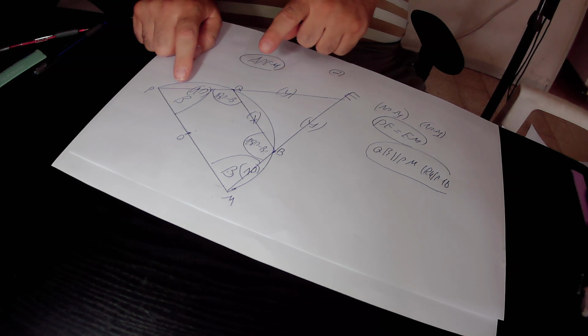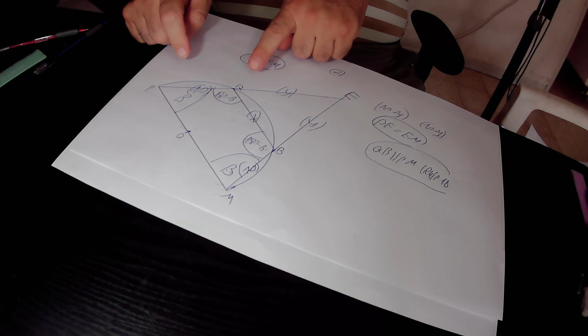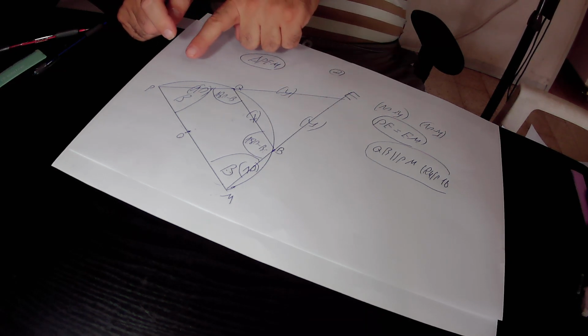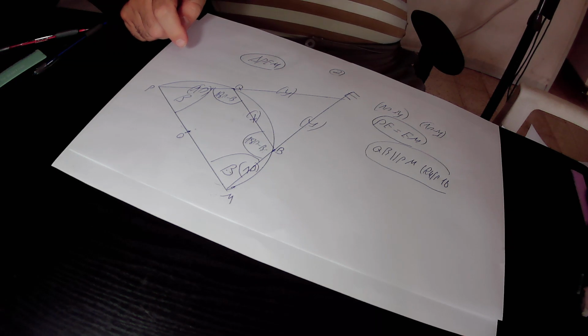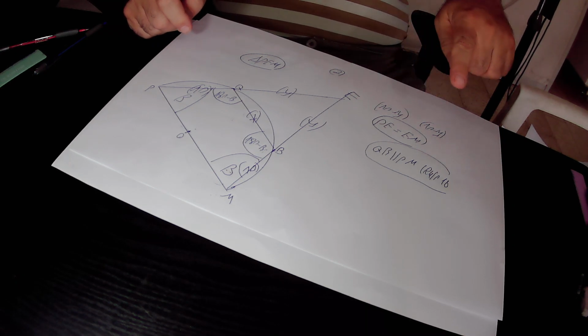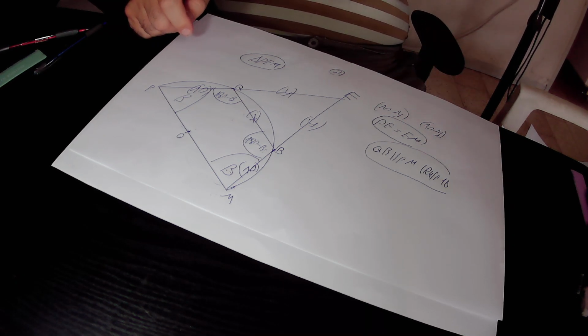That is to say, according to rule 18, line QB is parallel to line PM. Okay? QB is parallel to PM according to rule 18.